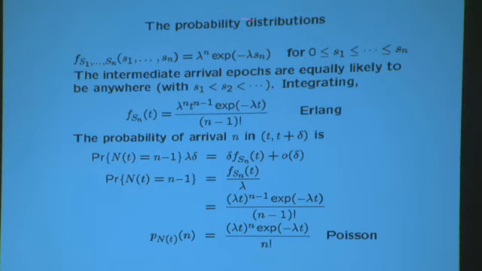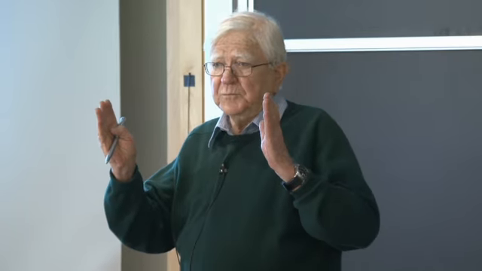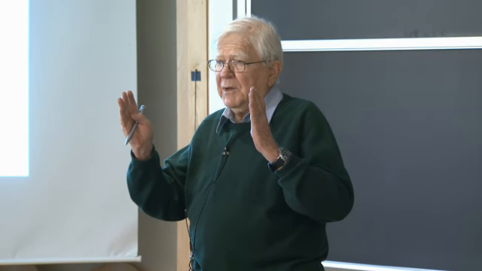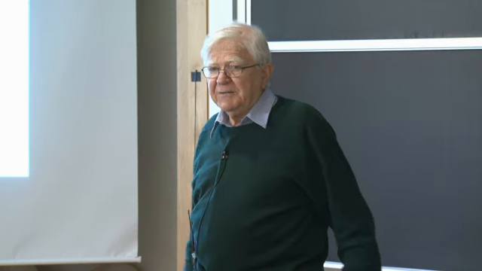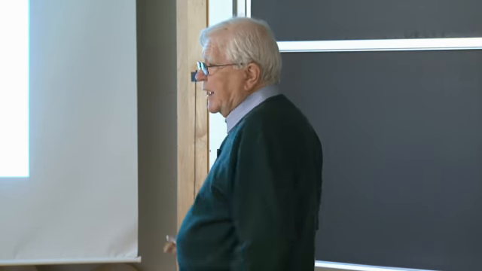That's what this formula says. It says that the joint density of these arrival times doesn't depend on anything except the time of the last one. But it does depend on the fact that they're ordered. From that, you can find virtually everything else if you want to.